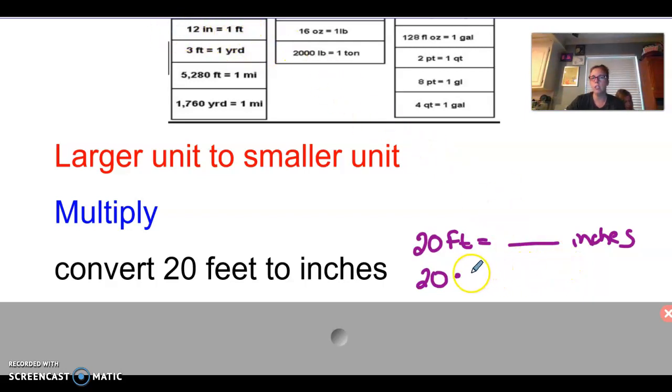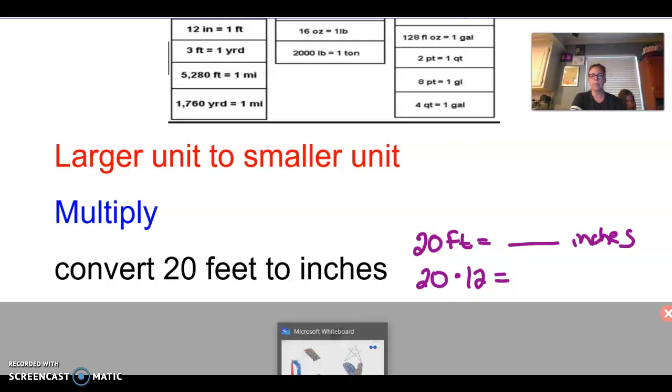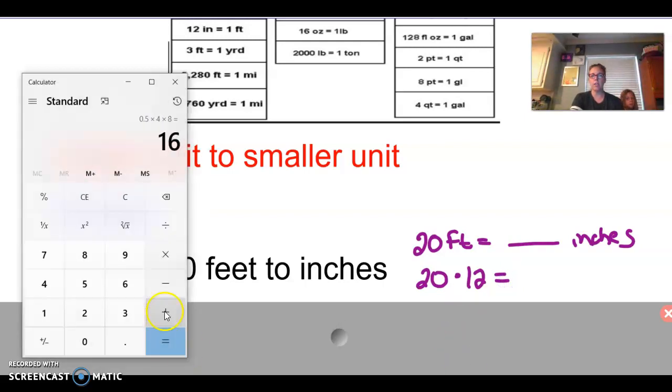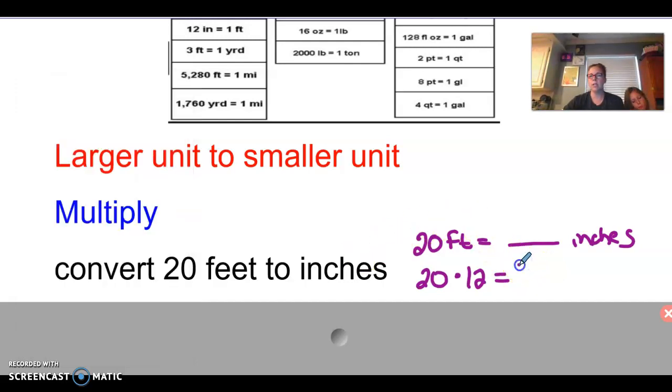There's 12. So 20 times 12, which we can get on our calculator if we're not sure what that is off the top of our head. 20 times 12 equals 240 inches. So if we had 20 of these, it would be 240 inches.